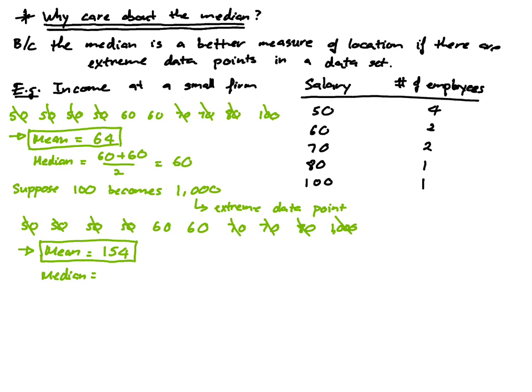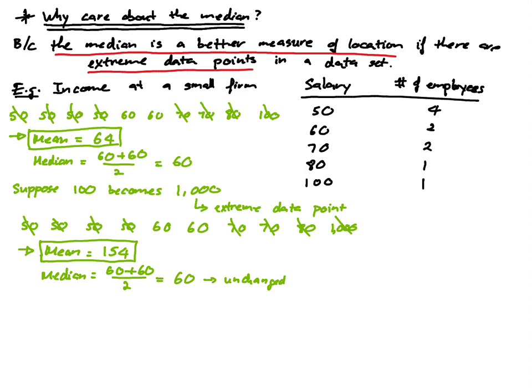And so the median is going to be the average of those 2 numbers, which is 60, which is unchanged from before. So when you have a data set with extreme data points, the median turns out to be a better measure of location than the mean, because the mean is very easily influenced by those extreme data points.